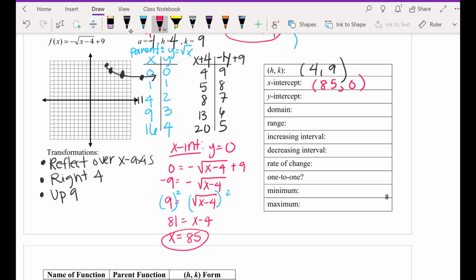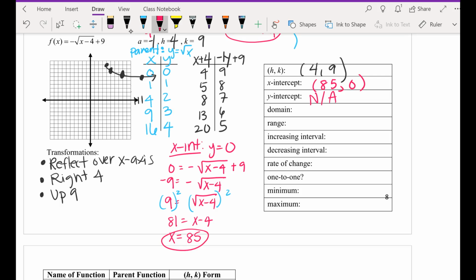Y-intercept, I want you to put your thinking cap on. Jasmine and team, would you have a y-intercept? No, right? Y-intercept is over here. This is already stopping right there. So you would never have a y-intercept for this graph. So none. You can write none or you can write NA.